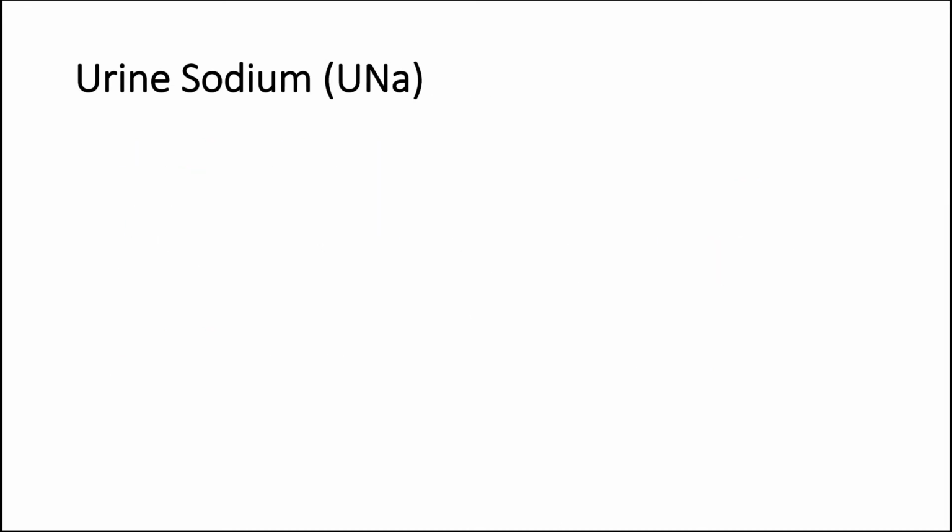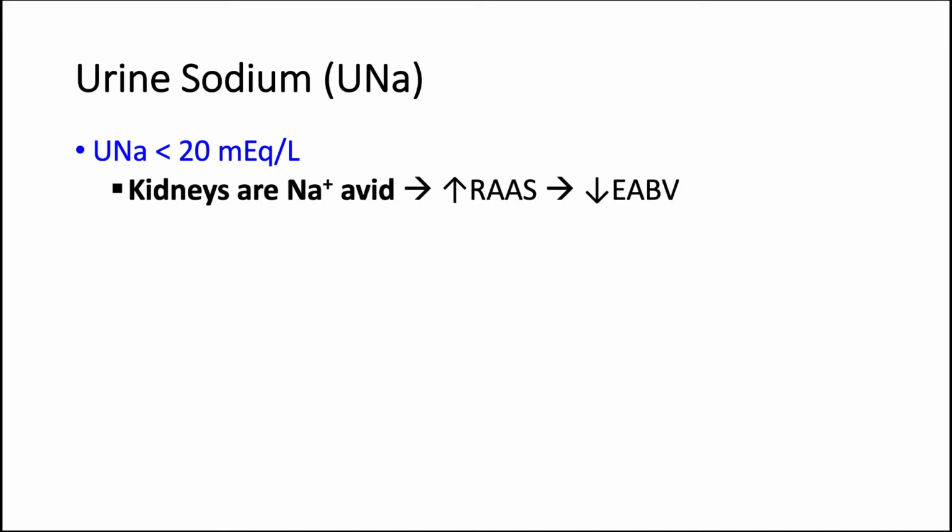Now, then we need to look at the urine sodium. If the urine sodium is low, less than 20 milliequivalents per liter, that means that your kidneys are sodium avid. And why are your kidneys sodium avid? Because the renin-angiotensin-aldosterone system, the RAS system, is activated. And why is your RAS system active?